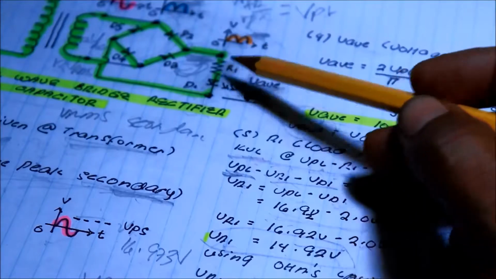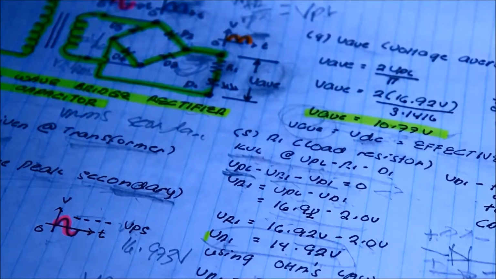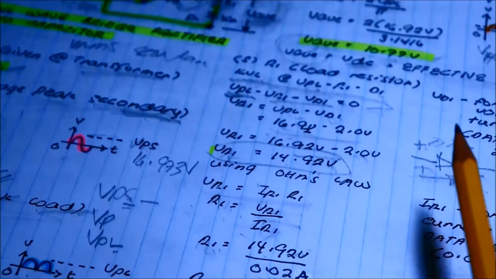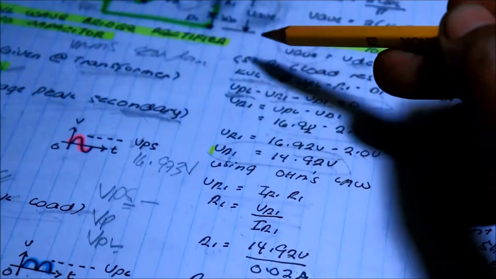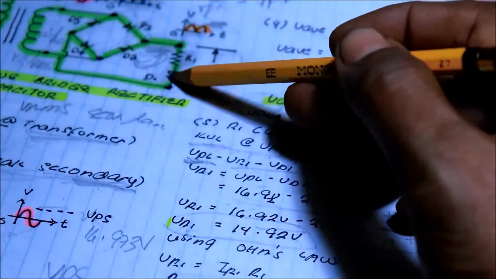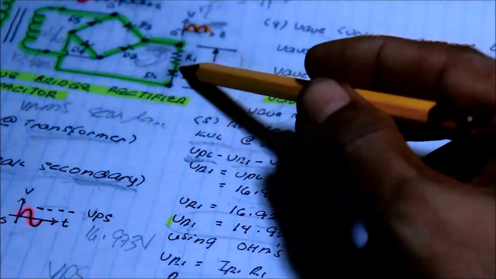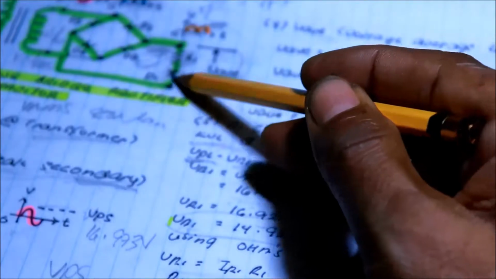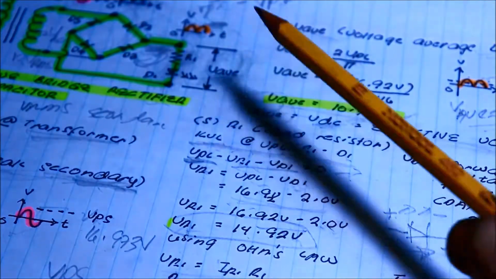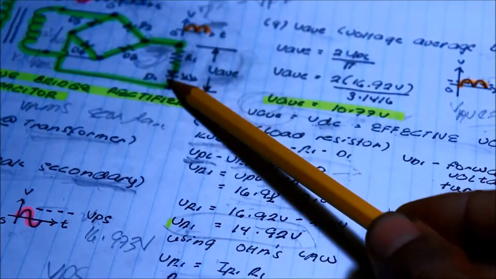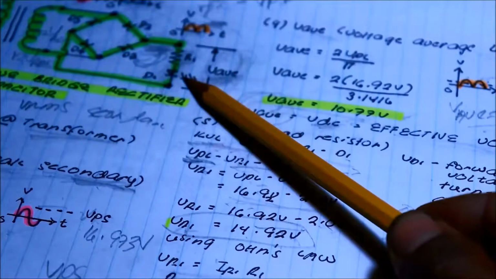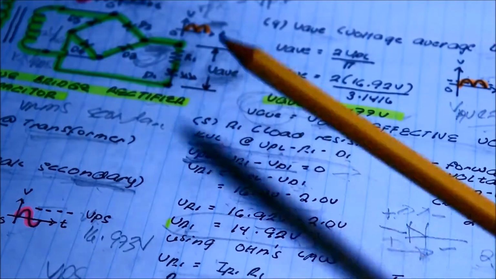Kirchhoff's current law. Why did I use 0.02 ampere? Because we're designing a load made of an LED and a resistor. That's why we have a voltage drop here at the LED, which is 2 volts, and then the current rating of the LED, 0.02 ampere or 20 milliampere.